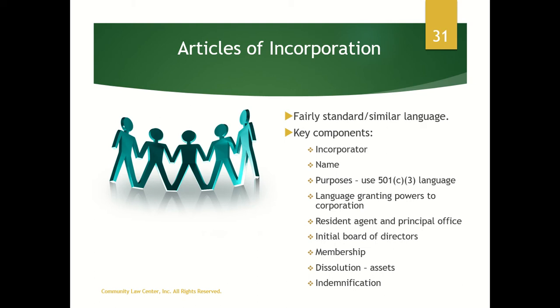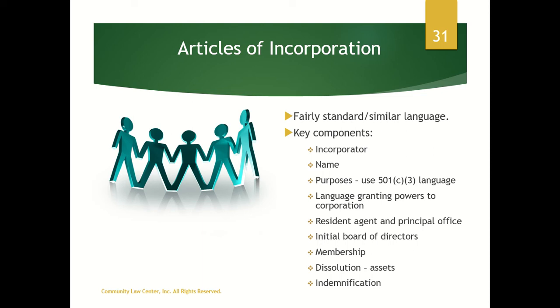So the resident agent is the person who is identified with the organization publicly. They're the person whose name and address are out there if someone needs to contact your organization. And they're also where the state and other people who are looking for your organization are going to reach out to.